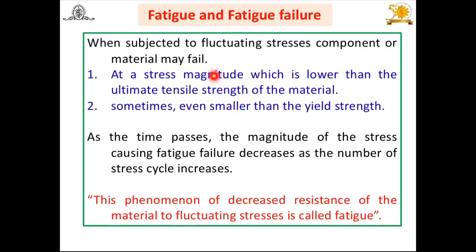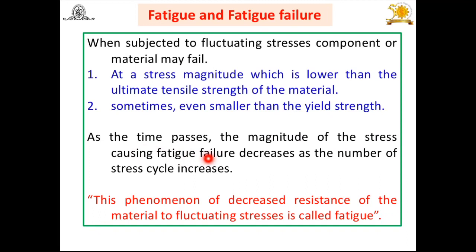Then again, what do you mean by fatigue and fatigue failure? When components are subjected to fluctuating stresses, what is going to happen? The component may fail. Sometimes it may fail at a stress magnitude lower than the SUT, or sometimes even smaller than the SYT. That means as time passes, when subjected to varying load, the magnitude of stress causing the fatigue failure decreases as the number of cycles increases. That is important.